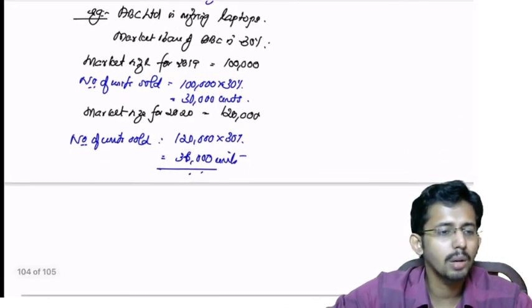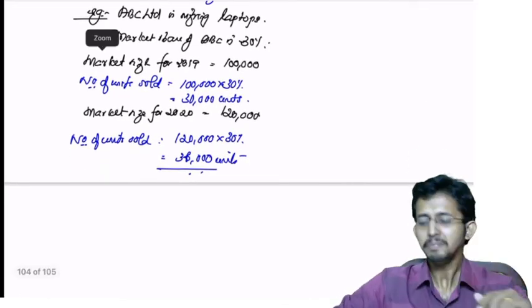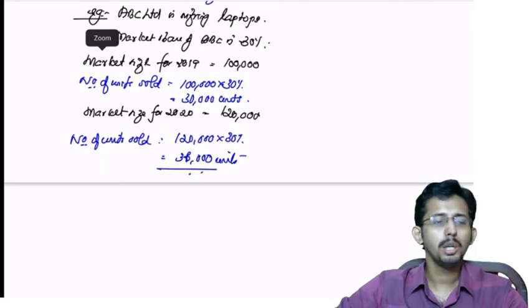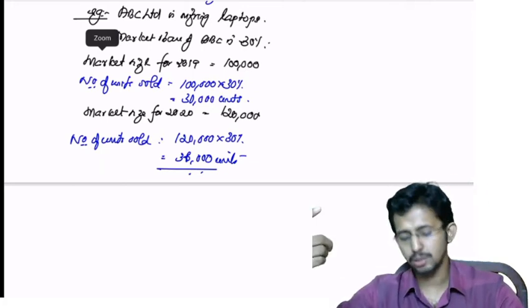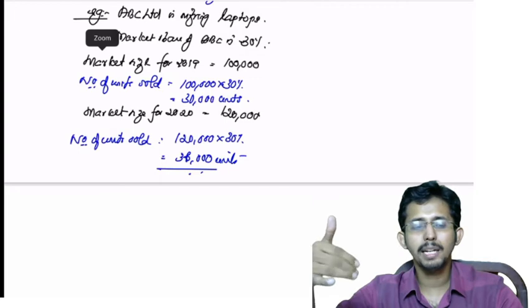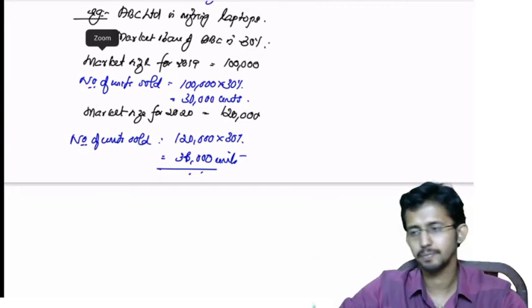Earlier it was 30,000, now it has increased to 36,000. So due to increase in the market size, what happened?